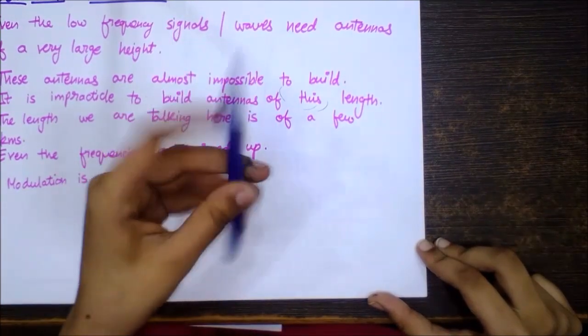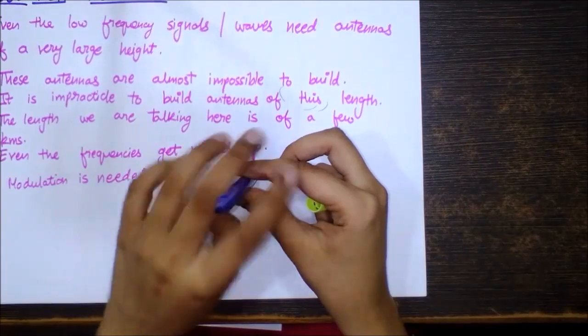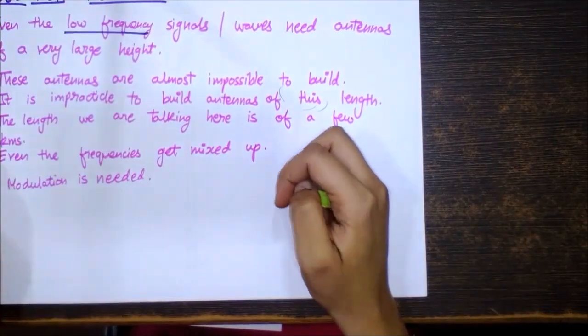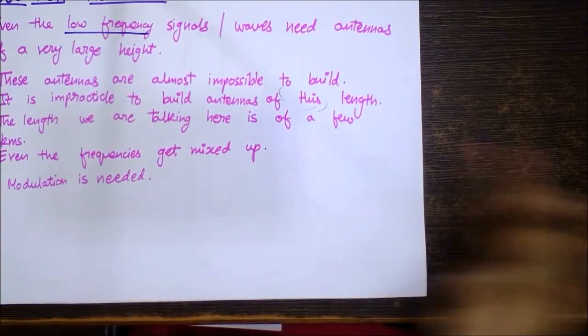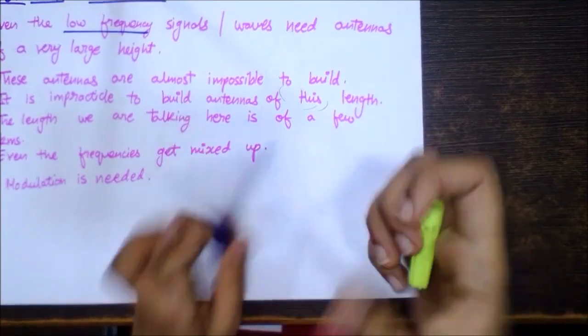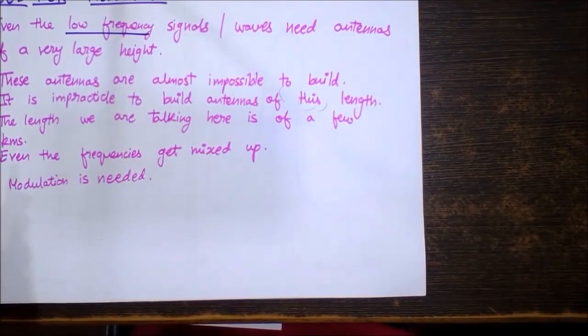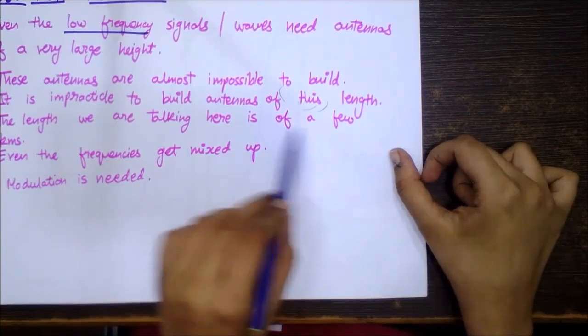You need a few kilometers of antenna in height to send low frequency signals. So if we want to send a high frequency signal, that is out of the option because you need a few kilometers, about 5 kilometers of antenna in length.